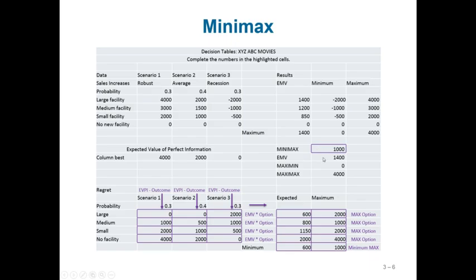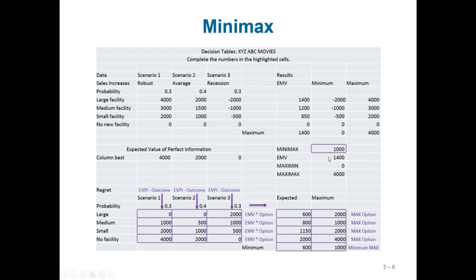So if you were looking at your decision points, then if you wanted to maximize the most profit that you could get out of it, you'd choose the large facility. If you wanted to hedge your bets and you wanted to minimize how much you could lose in a bad situation, then you would want to maximin, and that means you would take no new facility as your option.